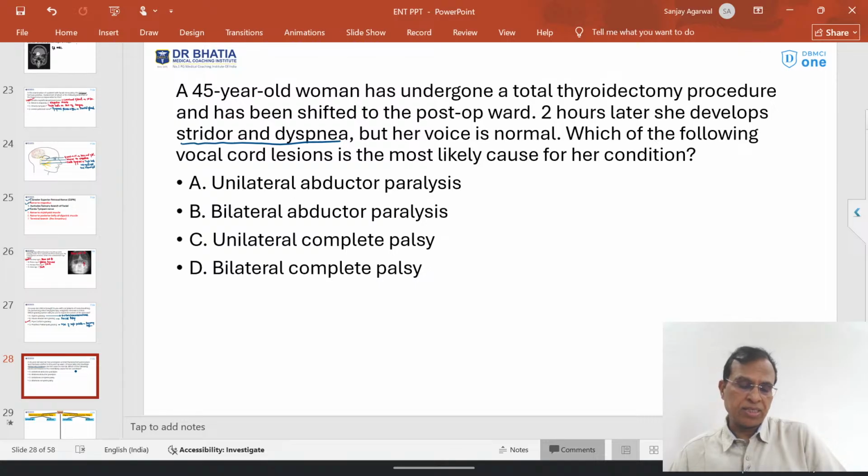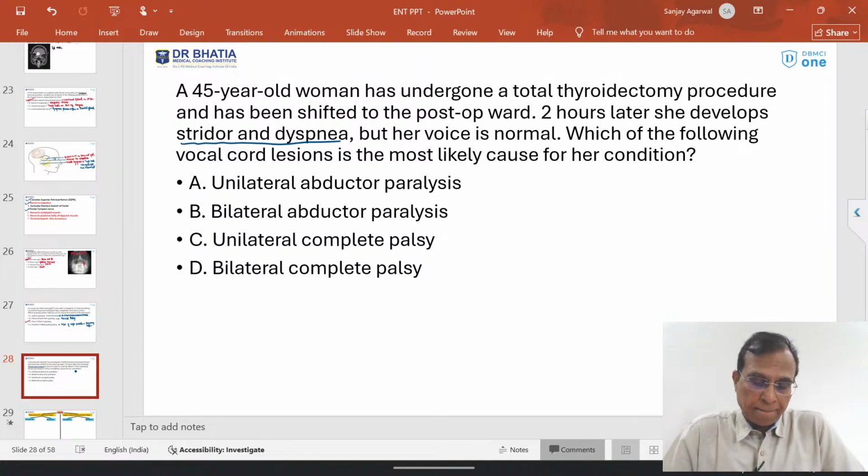Unilateral abductor palsy, bilateral abductor palsy, unilateral complete palsy, bilateral complete palsy. So what is your answer, guys and girls? Let's see. Young doctors, answer this one. Who wants to answer this question?